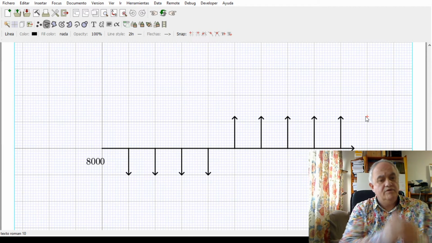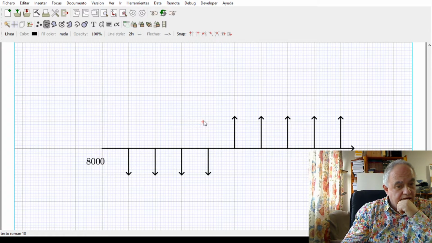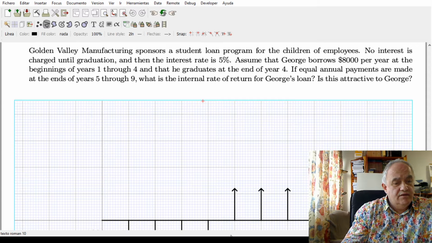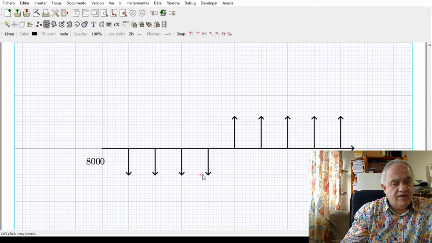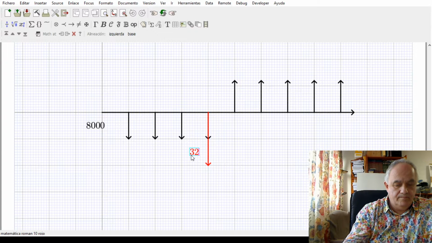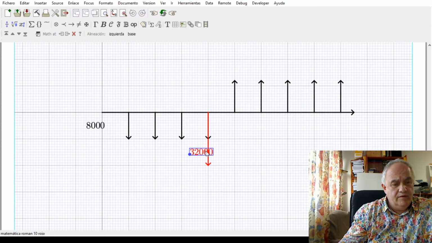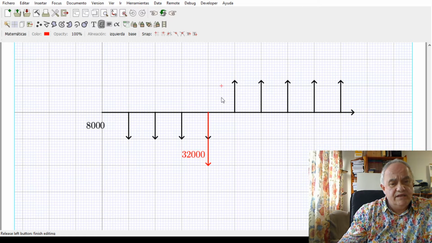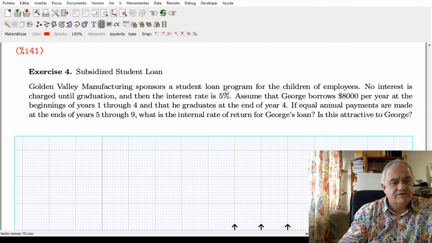But this annuity is unknown. How can we calculate this? The idea is that the bank is not charging anything. So your debt until this moment is 8,000 times 4. I will draw now in red your actual debt. And your actual debt for the contract, your debt here is 32,000. The scale is different. And this annuity is calculated on a basis of 5%.